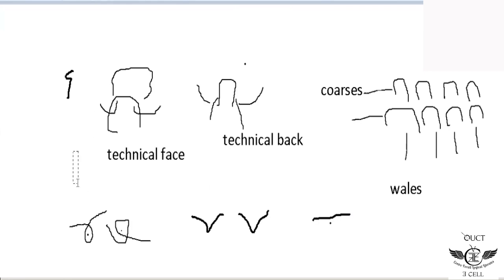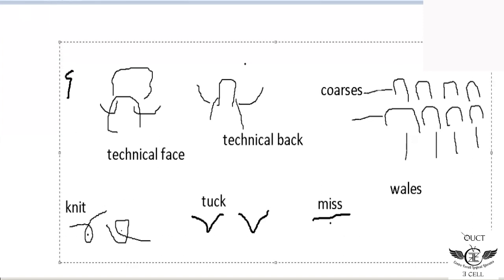These were the main important characteristics, please note them down. Knit, this is tuck, and this is miss. Sometimes the needle misses, right? So clear everything: technical face, technical back, course, wales, miss, tuck, and knit. This is very important. Let's move on.